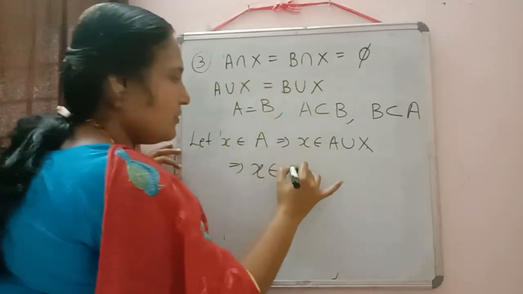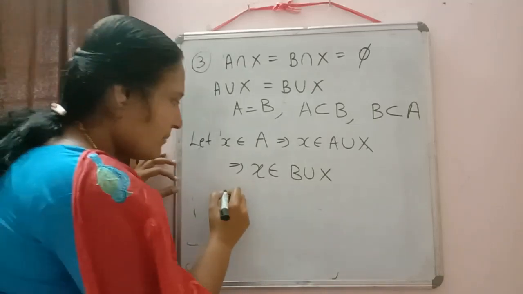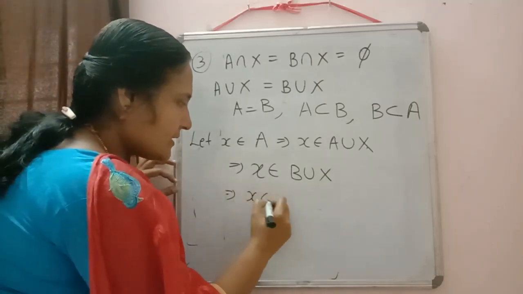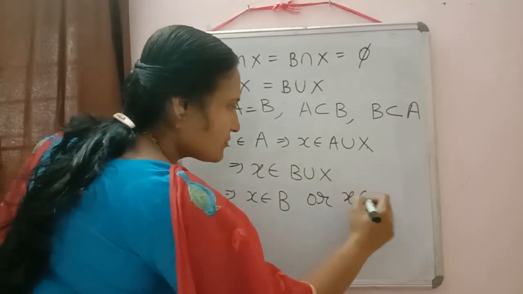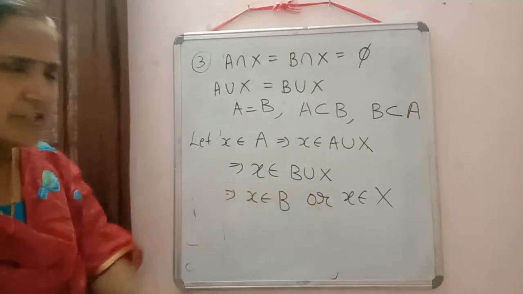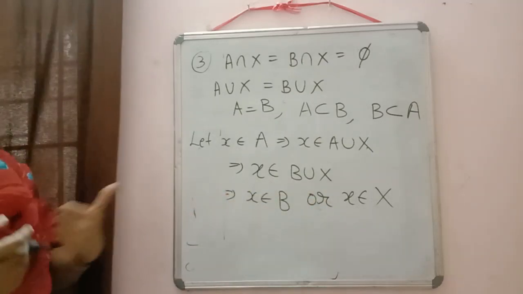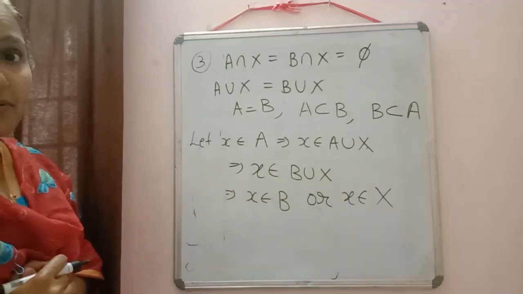It belongs to B union X also. So from here, possibilities are there. Either x belongs to B or x belongs to X. So out of these two, which one is true? x belongs to B is true or x belongs to X is true?